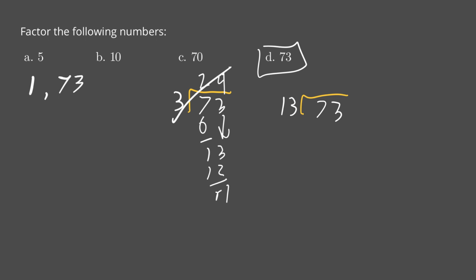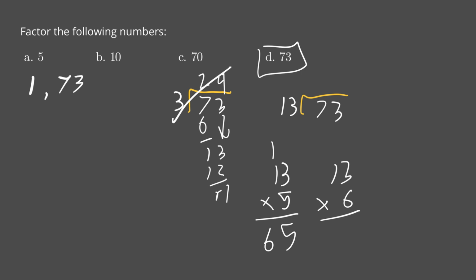So 13 into 73. Well, if we take 13 times 5, that'll give us a 5, carry the 1, 65. And 13 times 6, that's going to give us an 8, carry the 1, so that's a 7, 78. And so neither of those are 73. So we know that 13 isn't a factor.